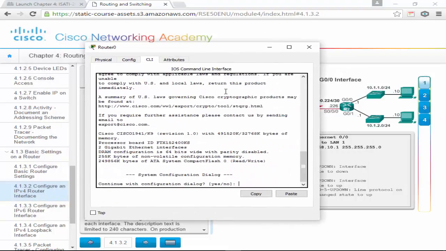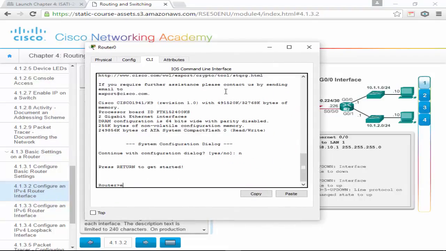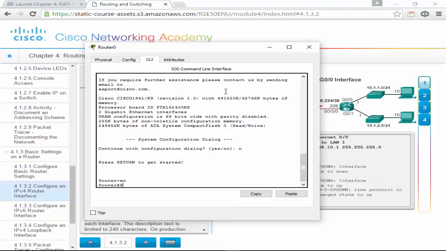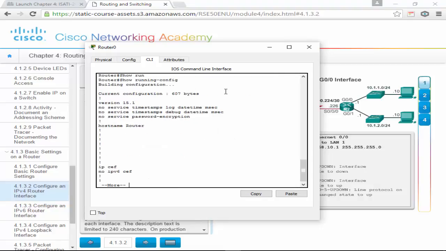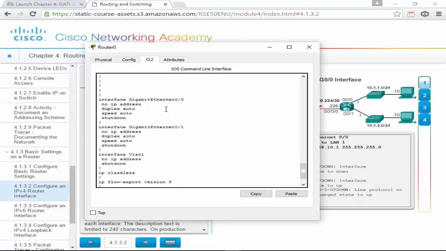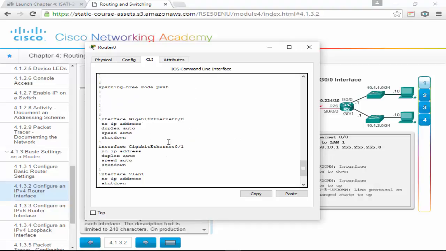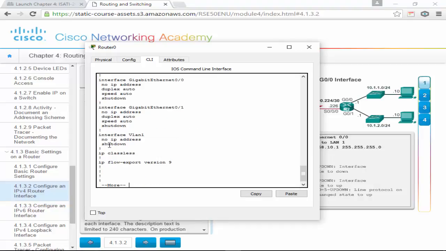So I pull up one of these routers. It's not going to show anything because I don't have anything programmed, but I could do show run, and if I use my spacebar through there, it shows me I have gigabit 0/0, gigabit 0/1, and an interface VLAN 1. Now remember, this is an SVI. We do not want to use this right now. This is used for advanced stuff when we use a switching module in a router.